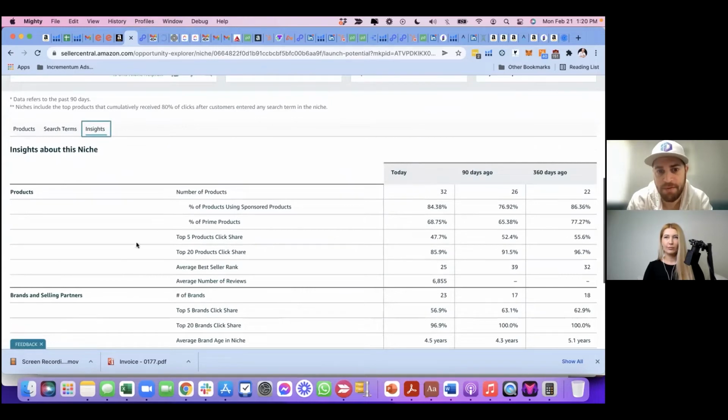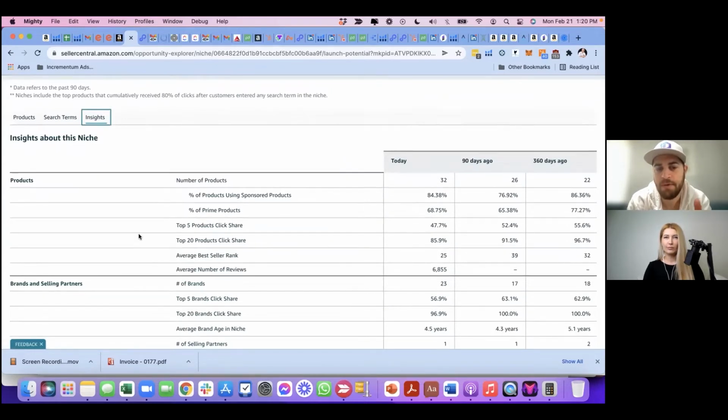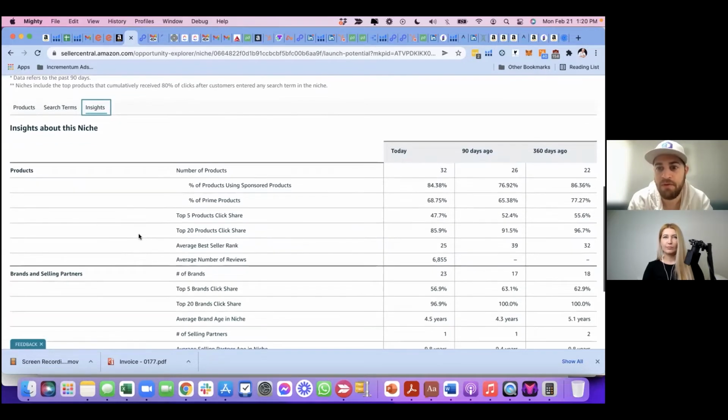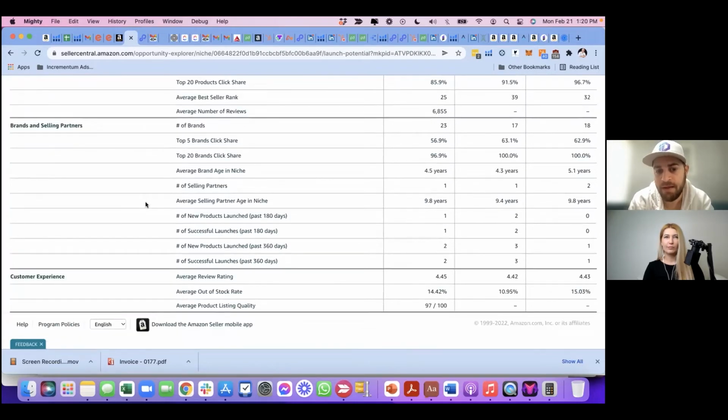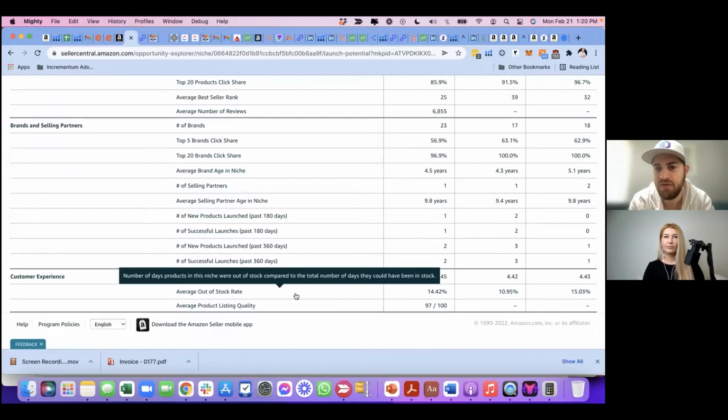So for example, in this niche, the percentage of Prime products is 68%. We do see 84% are using sponsored products. And here the average product listing quality is also good, 97%. Also, what's interesting is there's an average out of stock rate of 14% in this niche.